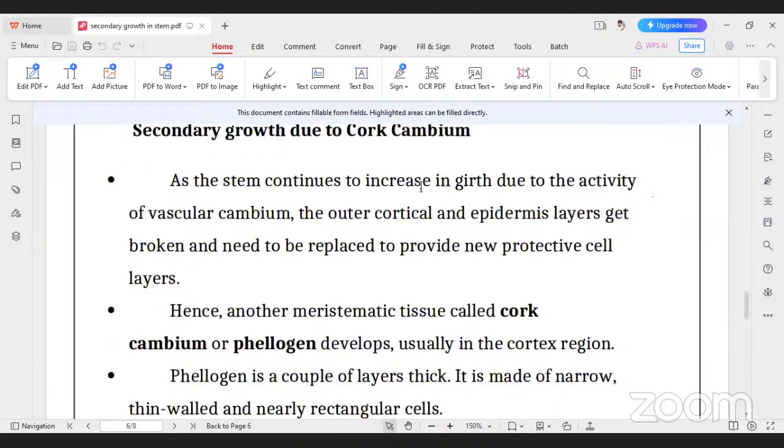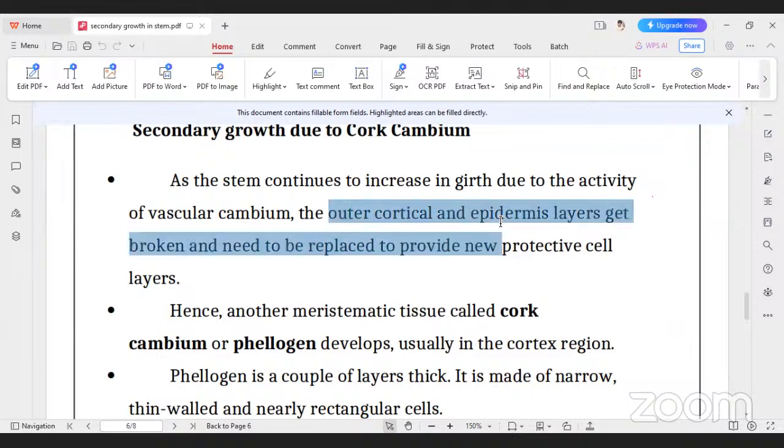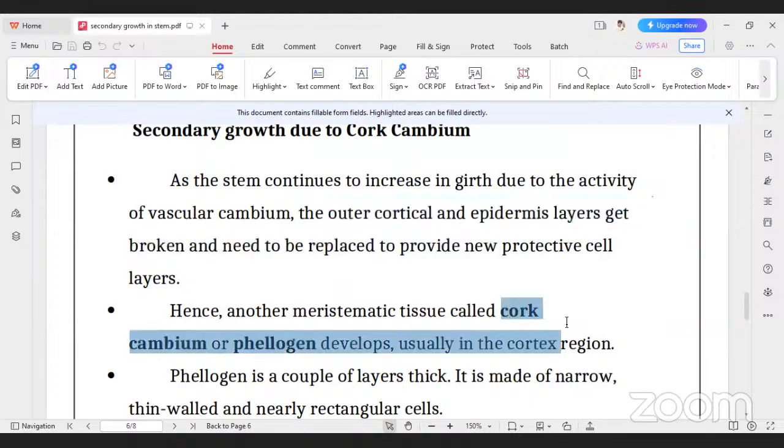As the stem continues to increase in girth due to the activity of vascular cambium, the outer cortical and epidermal layers get broken and need to be replaced to provide new protective cells, right? So another meristematic tissue is formed, called cork cambium or phellogen, which develops usually in the cortex region.